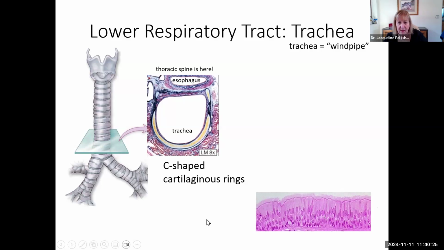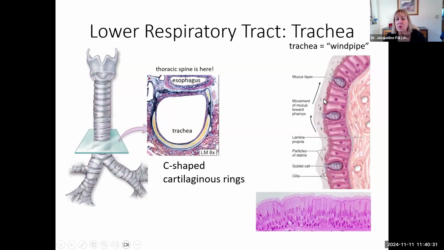And then look where the nuclei are. Try to figure it out. If you can't, here's a cartoon drawing to help you. We've got cilia to move the mucus along the surface. We've got these single cell goblet cells interspersed, and then look at the nuclei up and down all over the place. Were you able to figure it out?